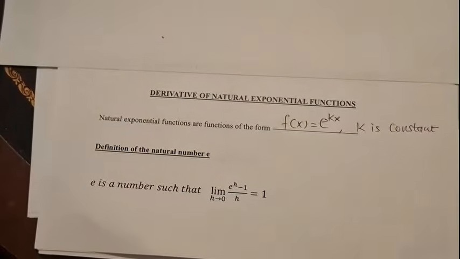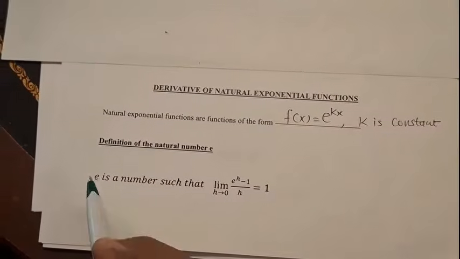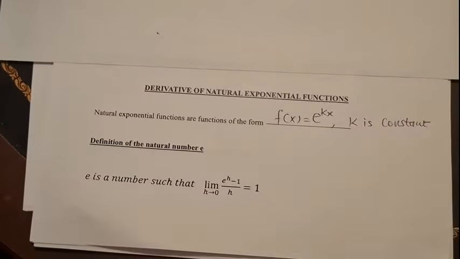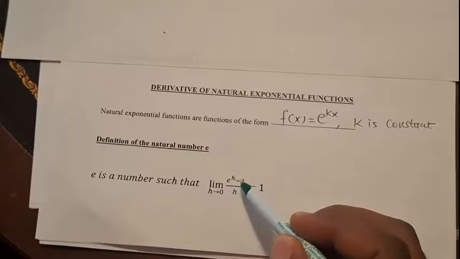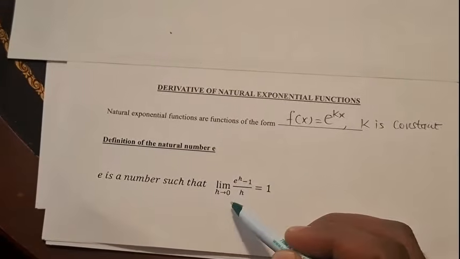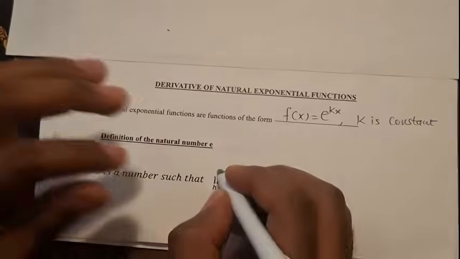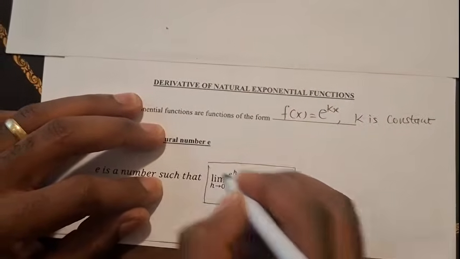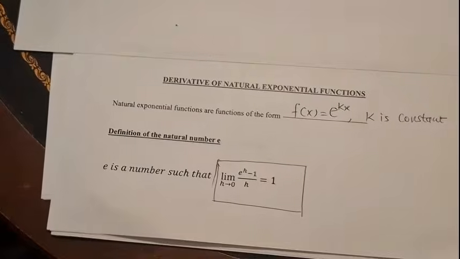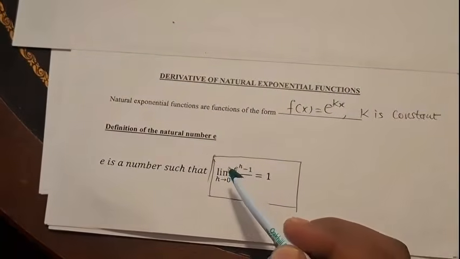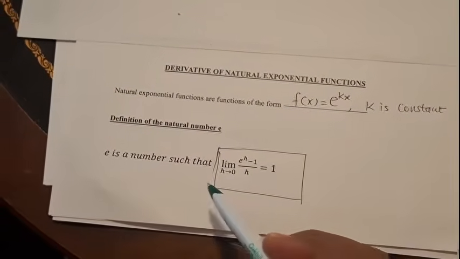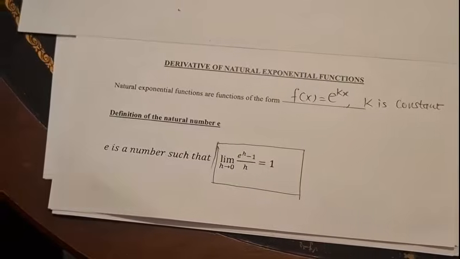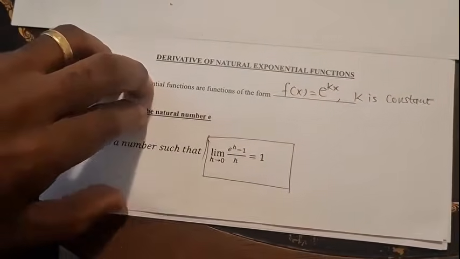So by definition, the number e is a number such that the limit of e exponent h minus 1 over h as h approaches 0 is equal to 1. This is very, very important. We could prove this using graphs, but just identify that the limit of e exponent h minus 1 over h as h approaches 0 is nothing but equal to 1.